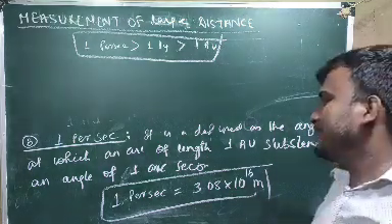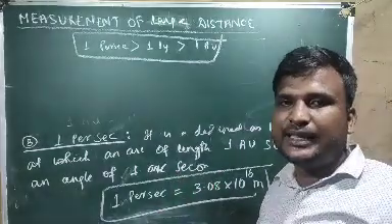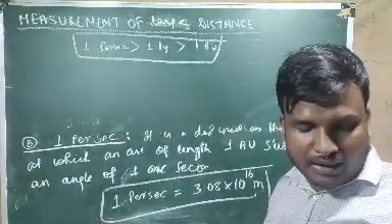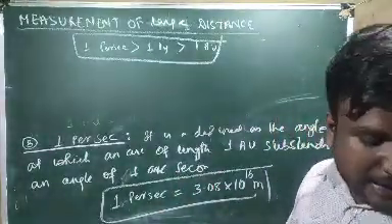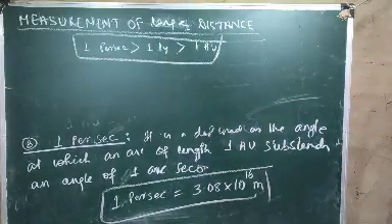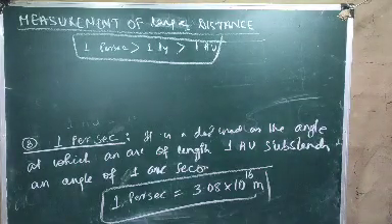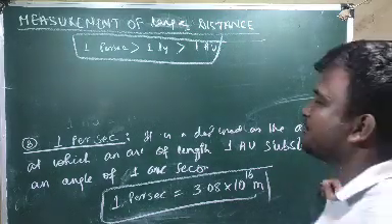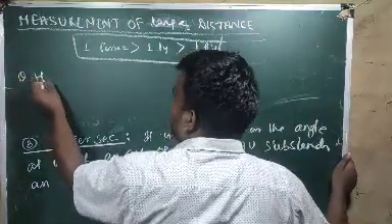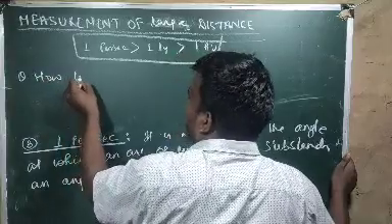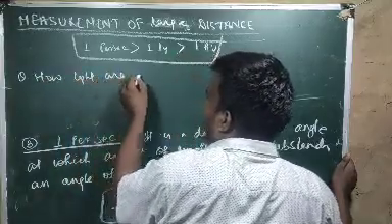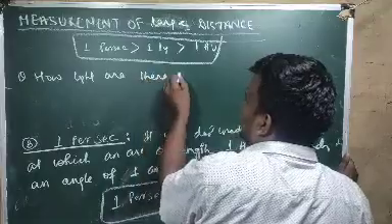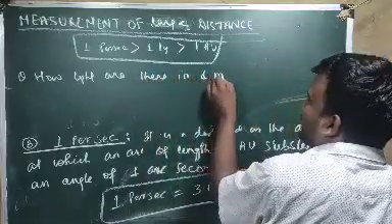The question will be: how many light years are there in 1 parsec? That we have to calculate. So let me give you some questions to try at home. How many light years are there in 1 meter? How many parsecs are there in 1 meter?